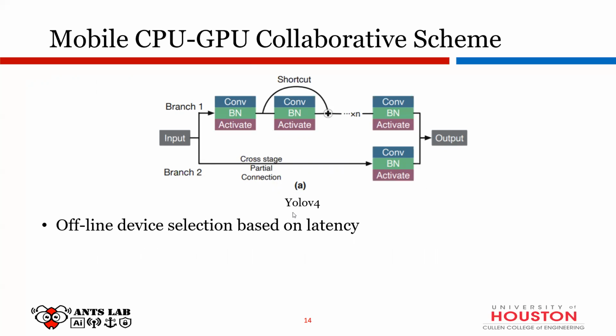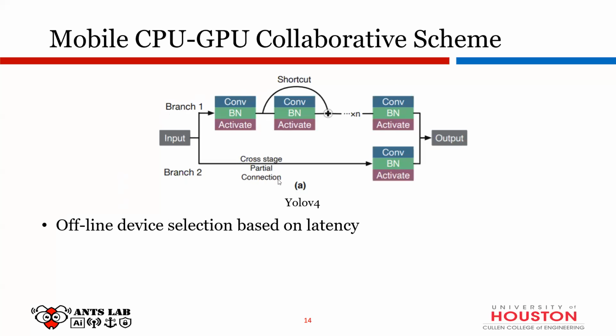For example, this design is particularly made for YOLObile. In YOLObile, depending on the network structure, for the same input they have two branches of computing. For branch 1, most of the computing includes the convolutional operations, so we can assign this type of computing task to the GPU.